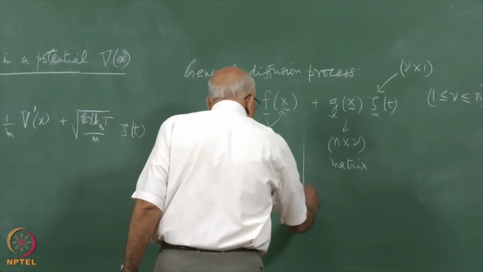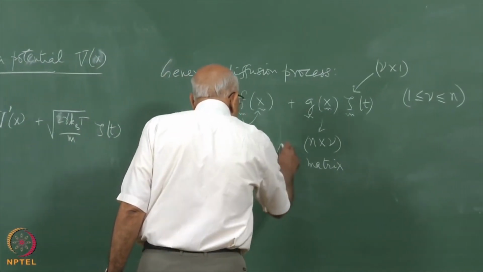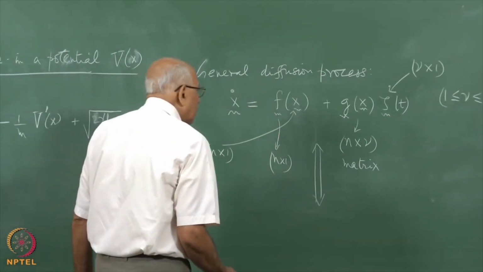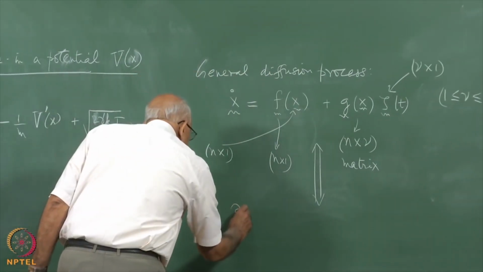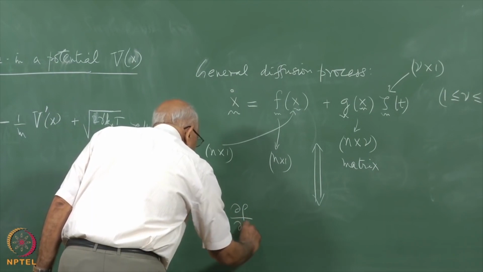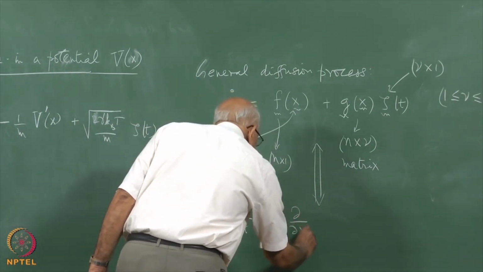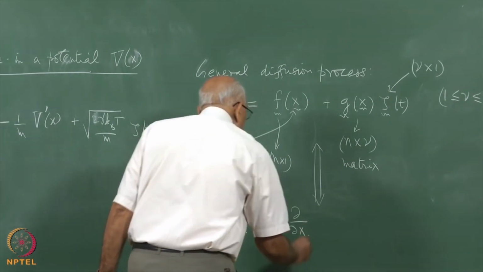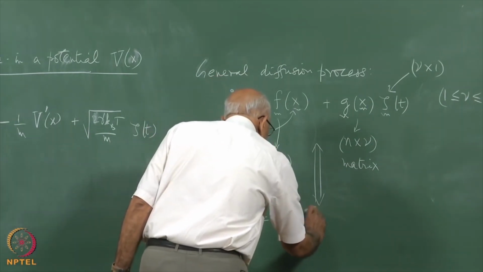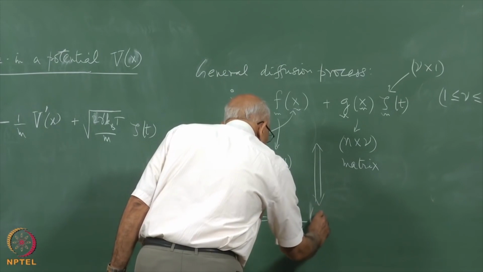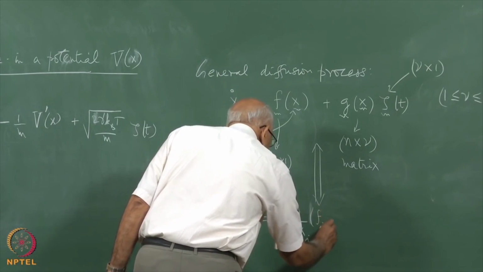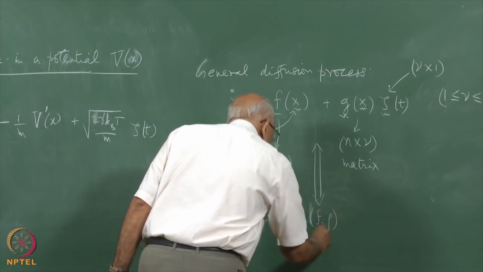So this implies, and is implied by, a Fokker-Planck equation, which is partial rho over partial t equal to minus partial over partial x i of f i times rho.